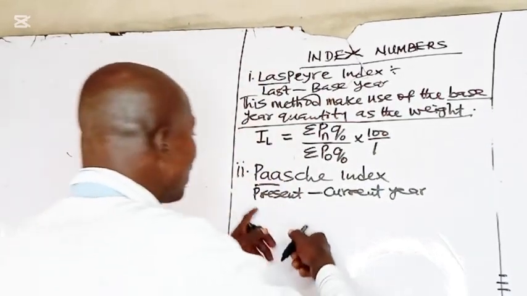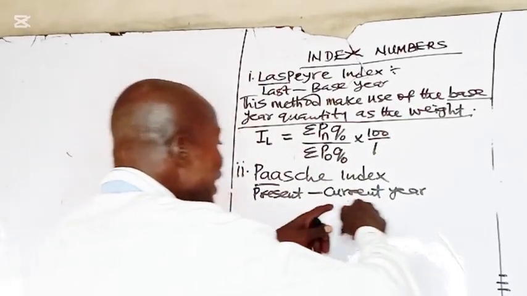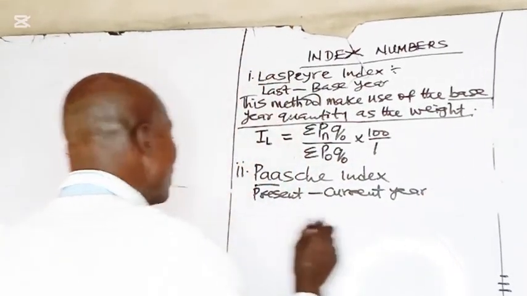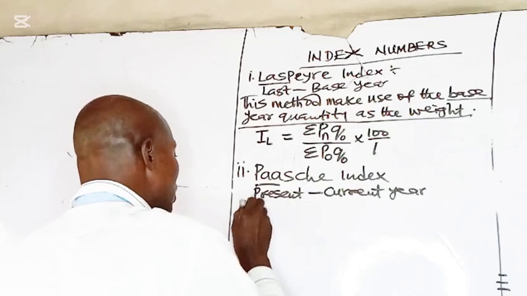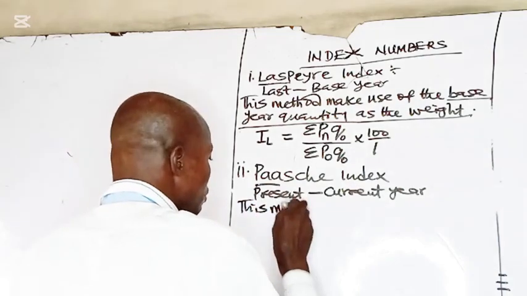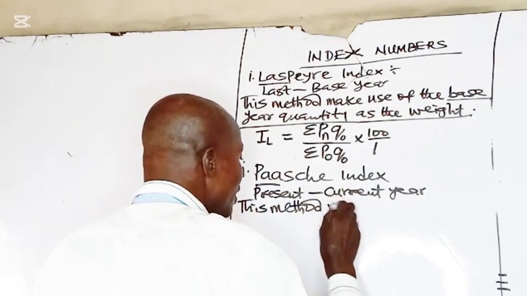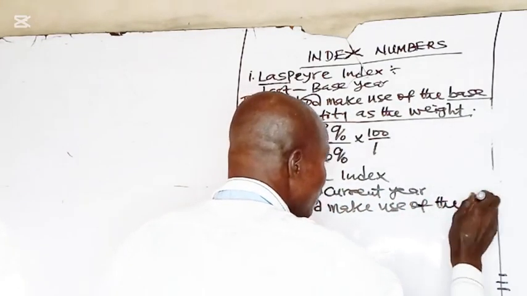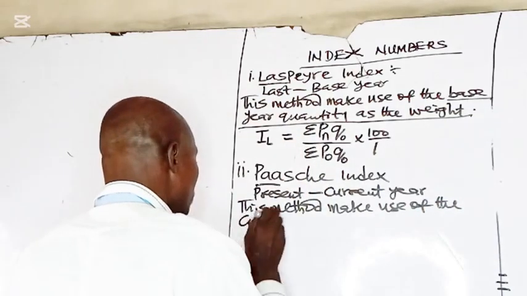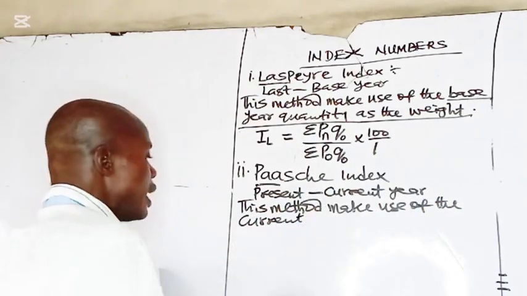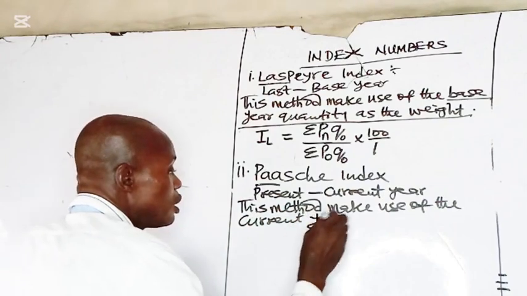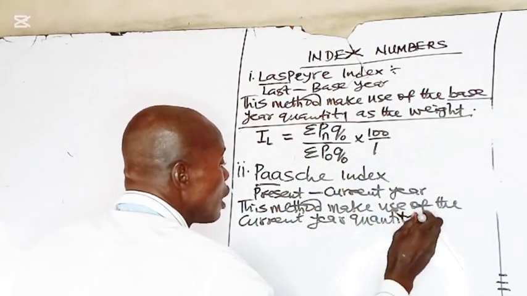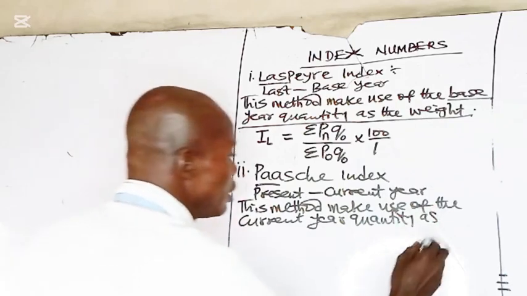So it makes use of the present year, that is the current year quantity, as the weight.